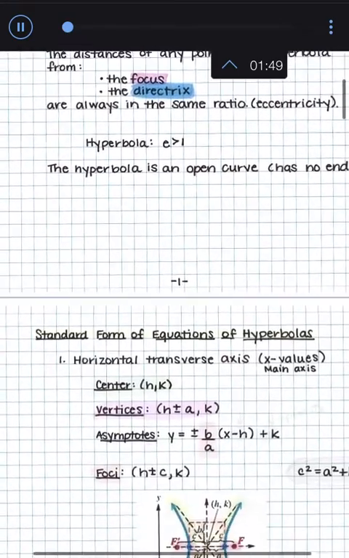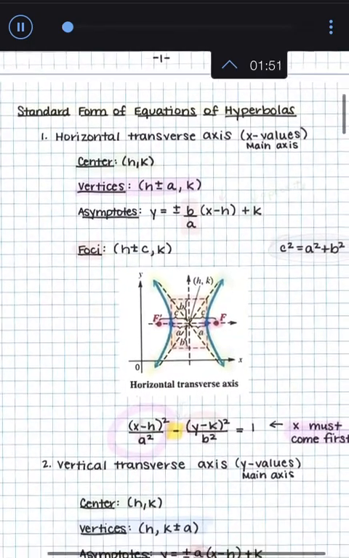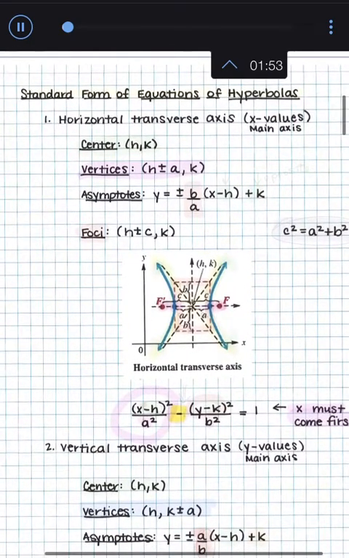So how do we come up with the shape of a hyperbola using an equation? So again, there's going to be something called the standard form of a hyperbola. The equation will look very similar to what you have in an ellipse.